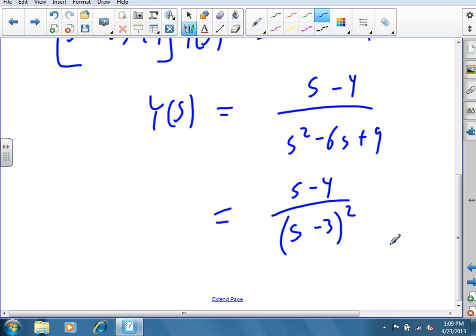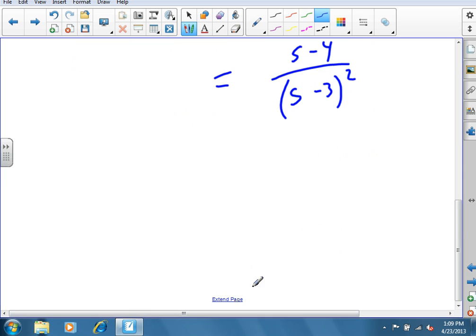Alright, so we look for s minus something, quantity squared. So I see this guy as the 17 and 15 forms.